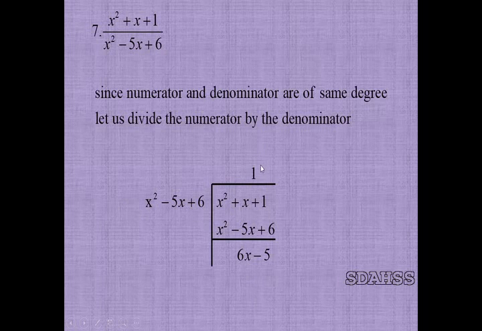First you have to write the quotient, 1, plus then the remainder divided by the divisor.